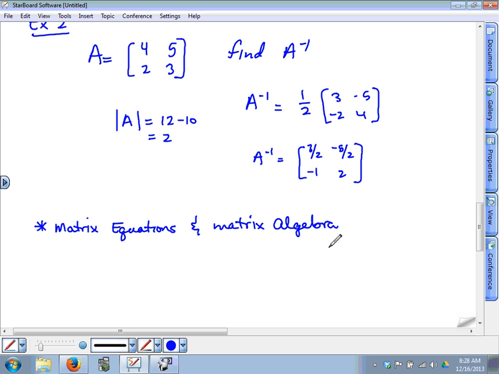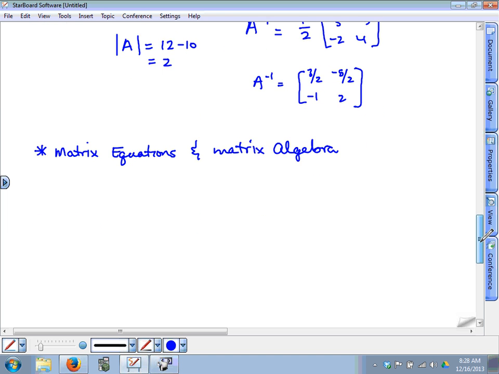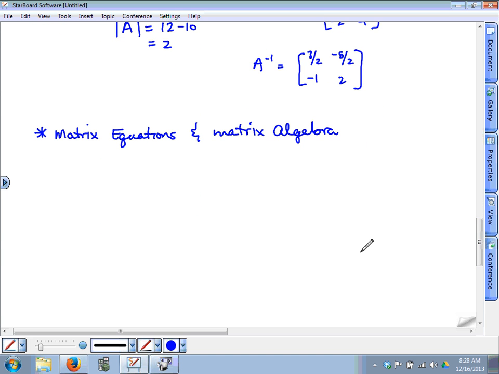Matrix equations and matrix algebra, they're related. One thing you got to keep straight, a matrix equation is different than an augmented matrix. A matrix equation comes from a system of equations, but it's not the same as an augmented matrix.